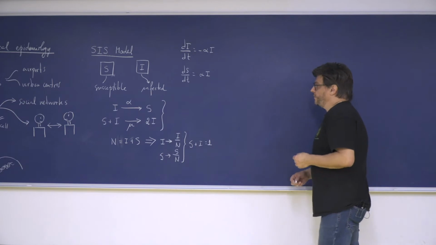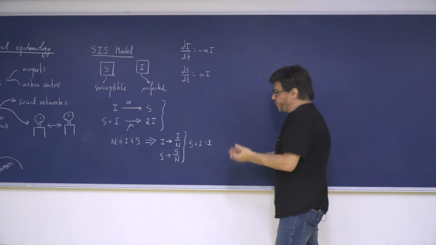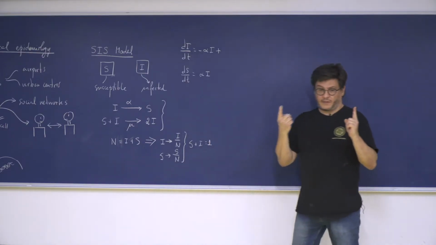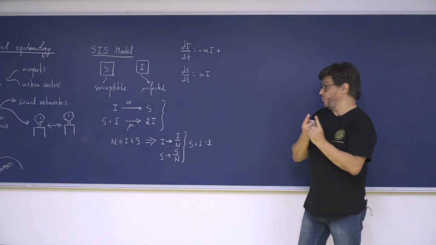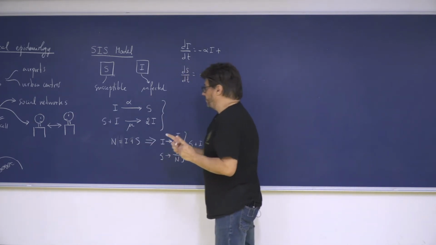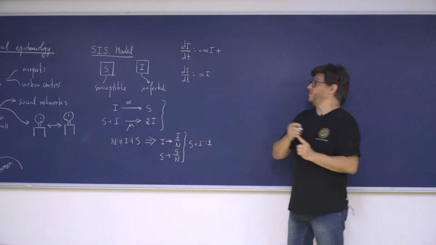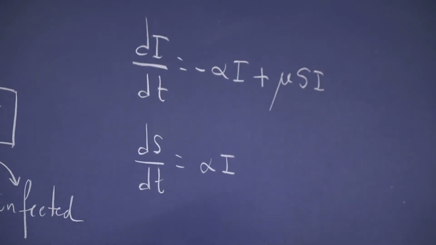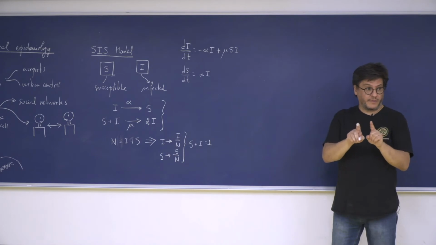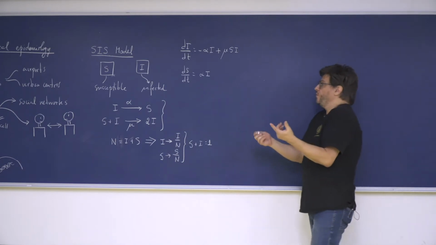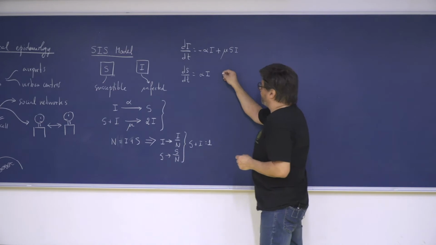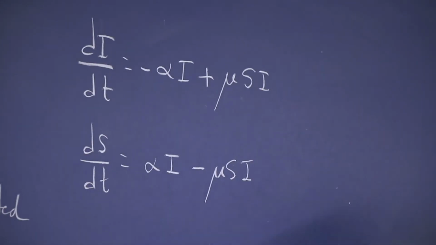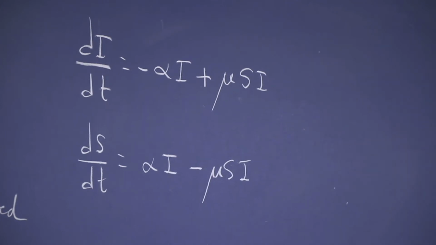Now the other part, we know how to deal with that because it's an interaction. So every time a susceptible and an infected get together with some rate, mu, a new infected is created. So this grows every time this pair gets together. It's a product, as we know. And of course, every time this happens, someone who was healthy moves here. So essentially we have a flow in two directions.